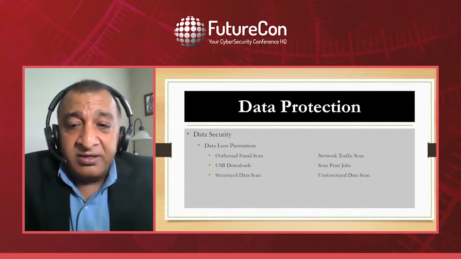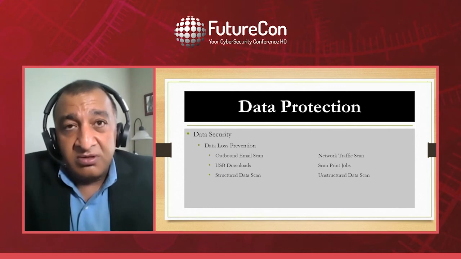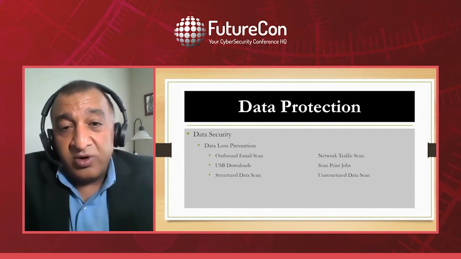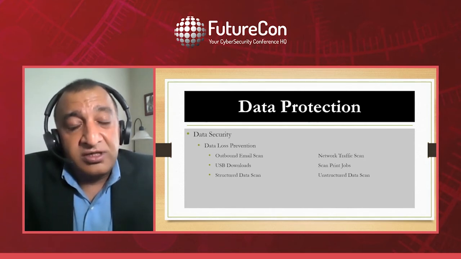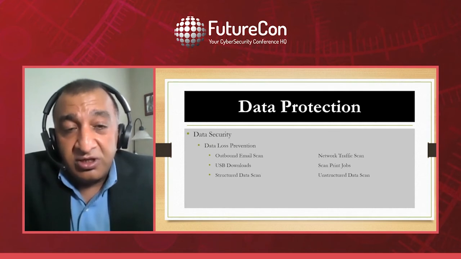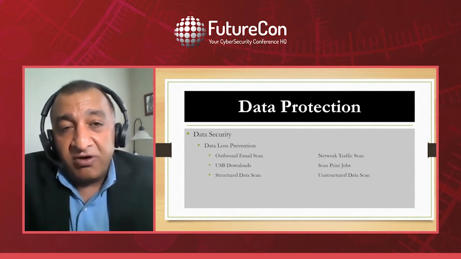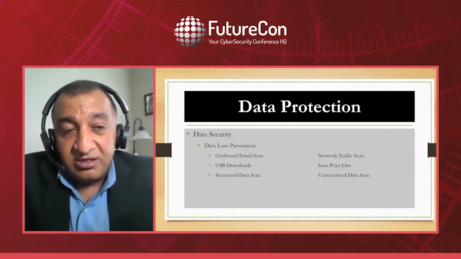Now you can do exact data matching, where a lot of DLP tools come with the capability to scan your production database and create a hash of your SSN or member ID or whatever you're trying to protect.